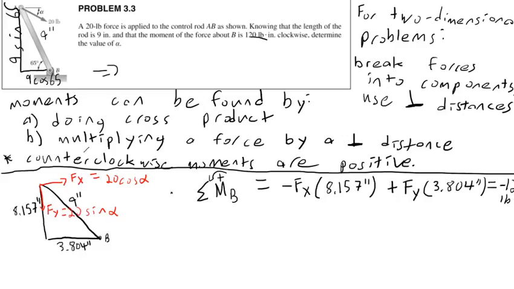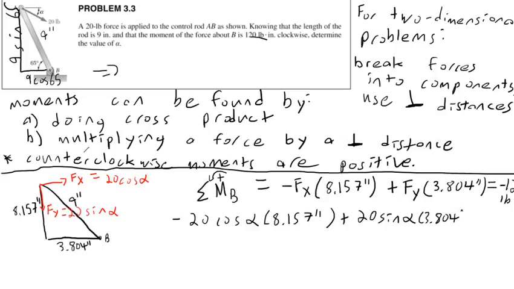Okay, so now the math gets fun. So now we just say, all right, negative Fx, and I just plug in negative 20 cosine alpha times 8.157 inches plus 20 sine alpha times 3.804 inches equals negative 120. And now we could solve this any number of ways.